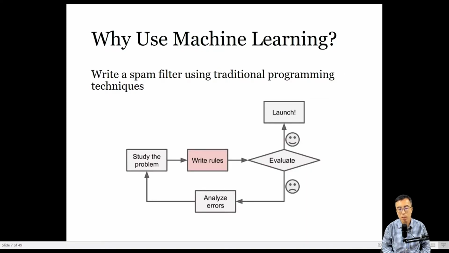But this may not be entirely true. And there might be some exceptions, some emails that have such words but may not necessarily be a spam email. So therefore, you have to spend a lot of time and effort trying to write those rules. Some of the rules may not work well with each other and have some conflicts.